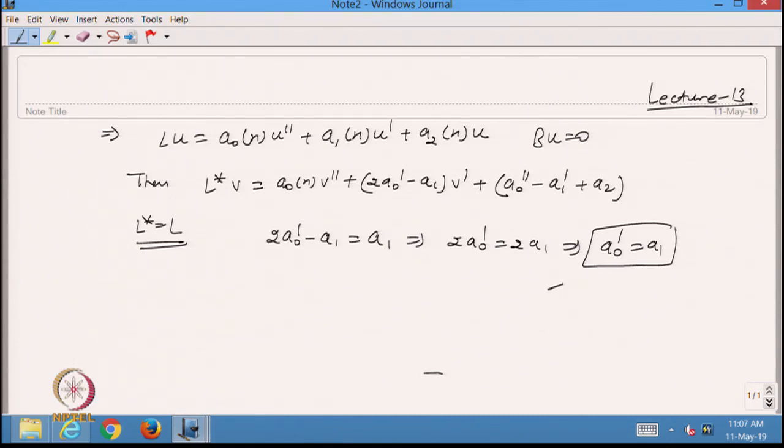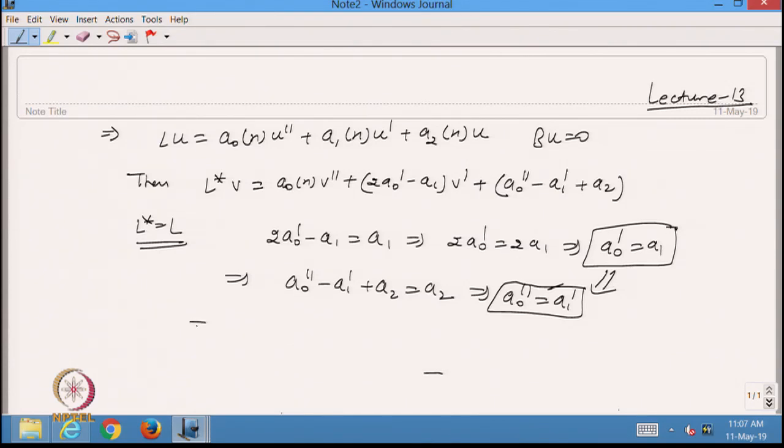Then A naught double dash minus A1 dash plus A2 equals A2 as well, since A naught double dash equals A1 dash, which is again taking the derivative of A naught dash.